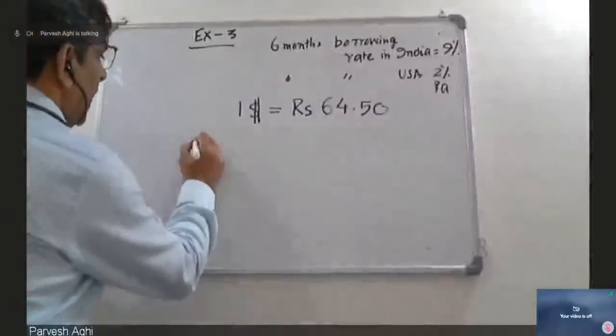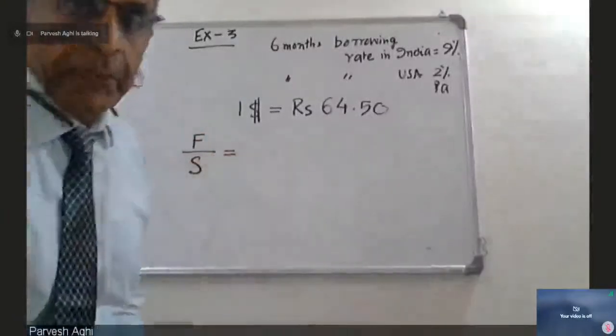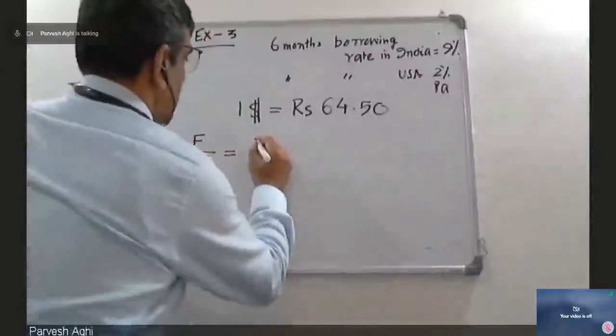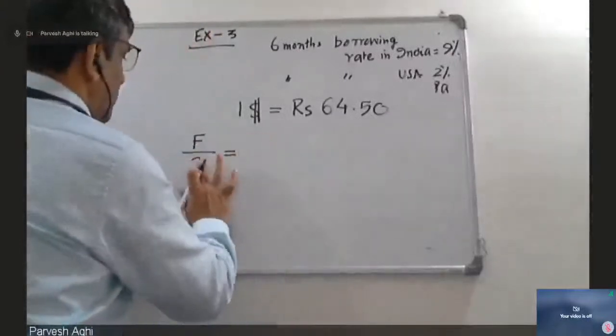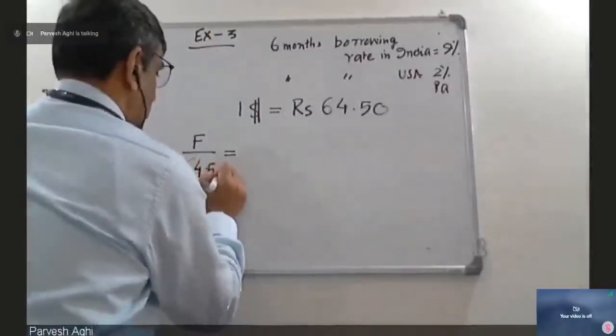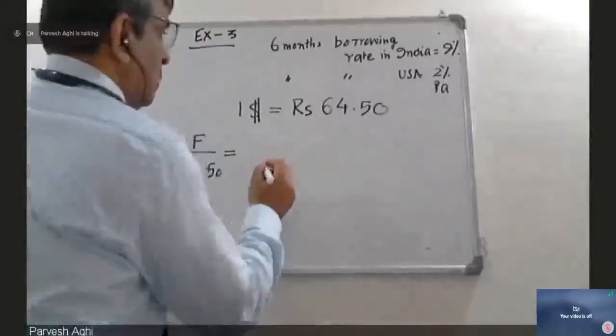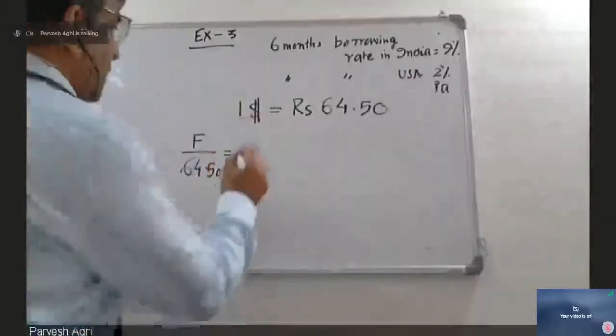Now we know F upon S equals, so the spot rate is given to us, so we can simply replace the spot rate, 64.50. I'll use the other pen. It is equal to, now I have to write the rate of interest.